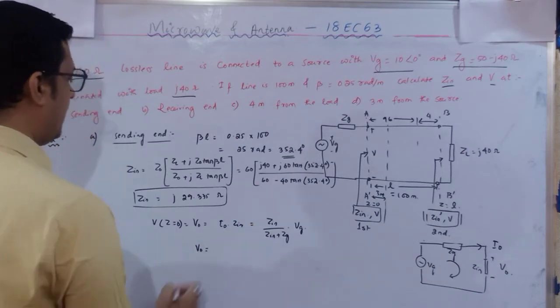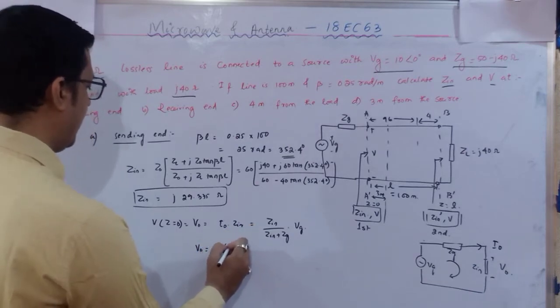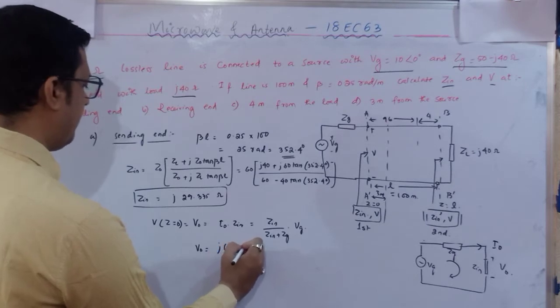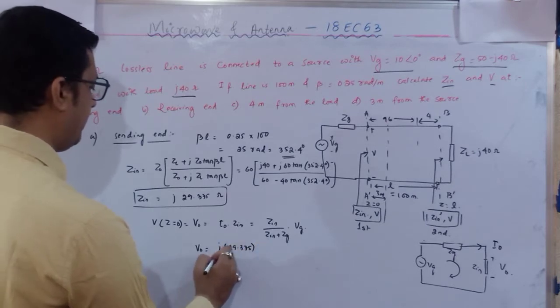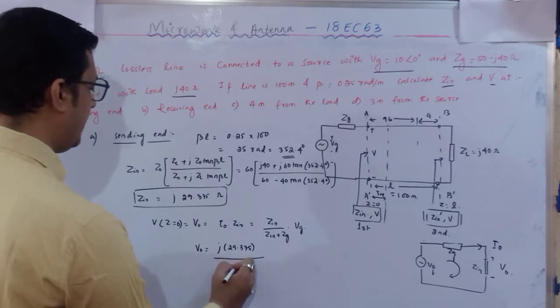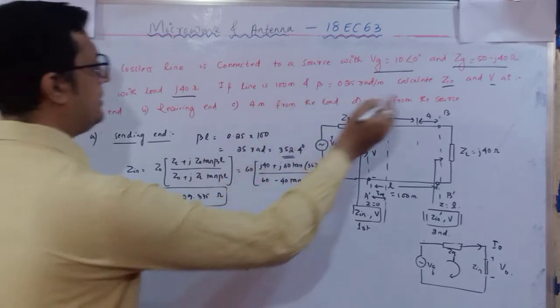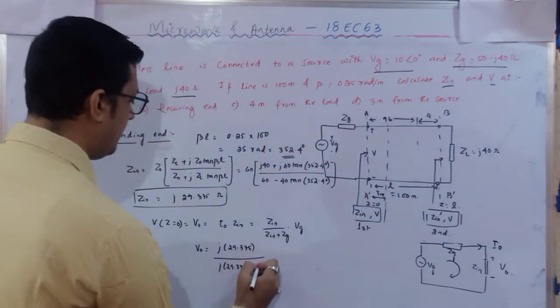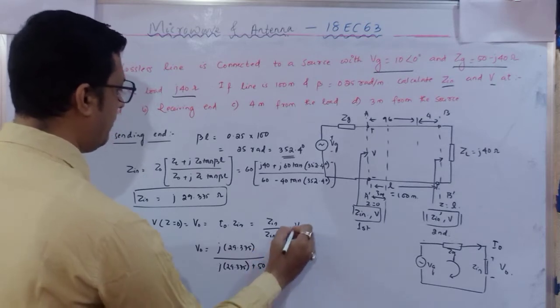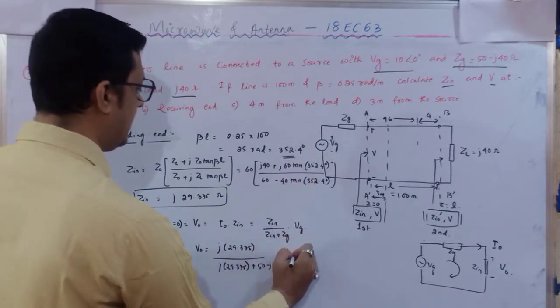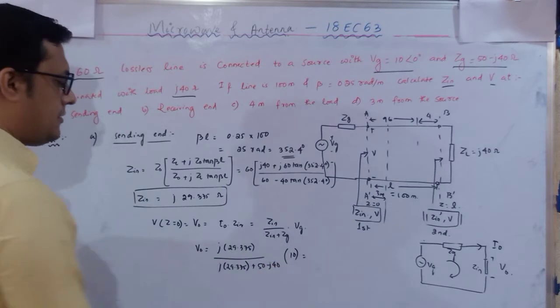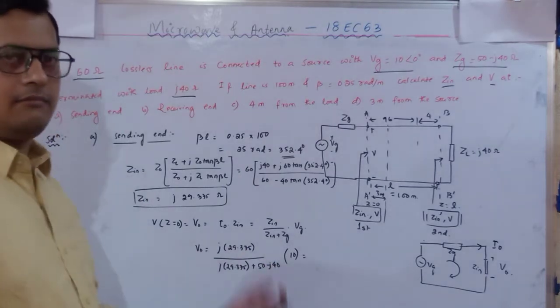So what is Zin? Zin is j29.375 divided by (j29.375 plus Zg), and Zg is 50 minus j40, and Vg is 10. Simple, solve it. It is a complex term.